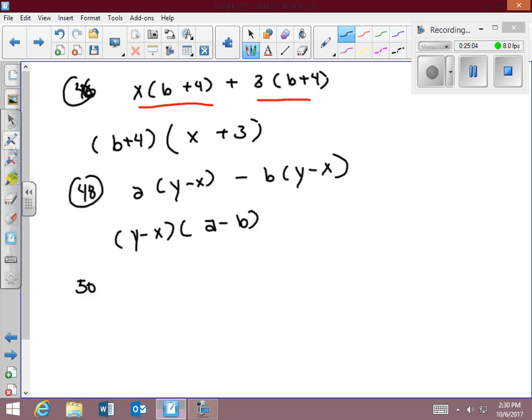Now 50 is going to be a little bit different again. X times x minus 2 plus y times 2 minus x. Now that x minus 2 and the 2 minus x are different by what?